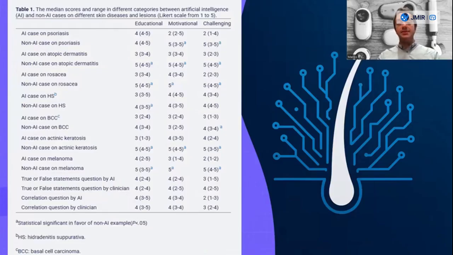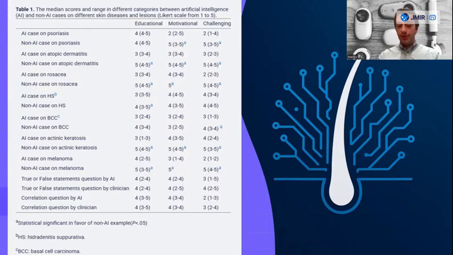And as a result, the non-AI cases had similar or higher scores in the challenging, educational and motivational categories or dimensions. The challenging category was somehow expected. The educational and motivational scores were attributed mostly to the empathetic nature of the questions.